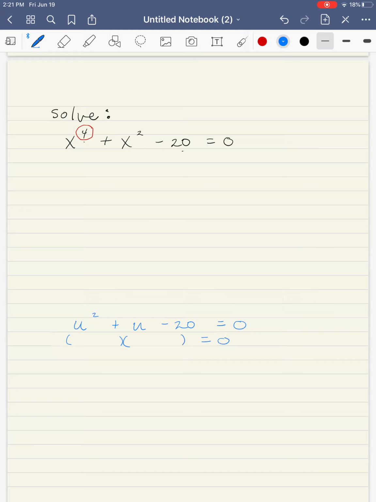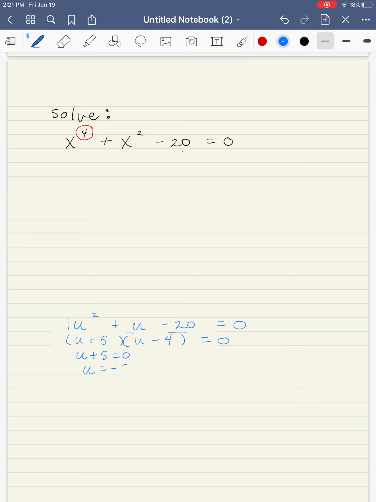And hopefully you saw that this was a relatively simple factorization. The only way to get u squared is u times u. And then, because we have an understood 1 here, we can think of two numbers that multiply to give me negative 20 and add to give me 1, which are going to be plus 5 and minus 4.